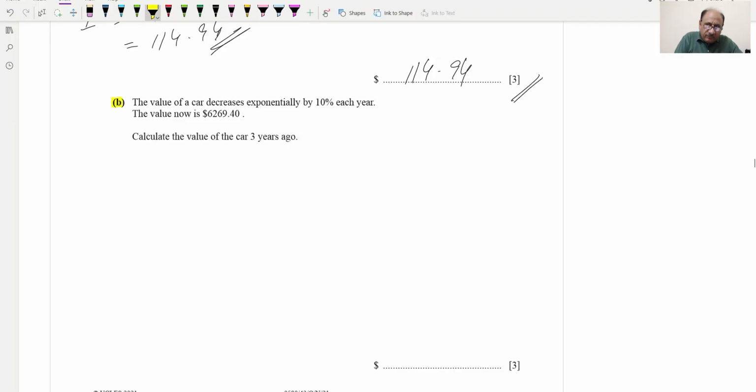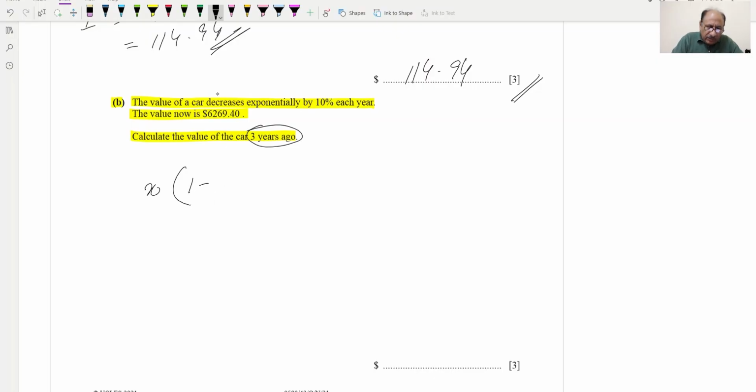B part says the value of the car decreases exponentially by 10% each year. The value now is this much, and calculate the value of the car 3 years ago. So we will be using the formula. Basically, the technique we will be using is, we don't know the original price 3 years back, so we will suppose it as x, and this is the principal or the starting amount, and 1 minus, why are we taking minus?